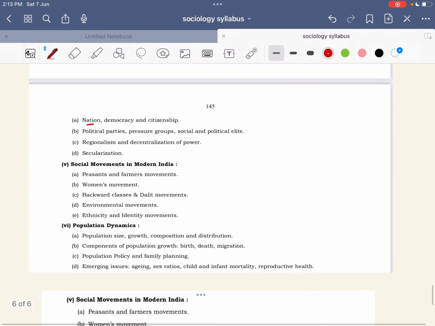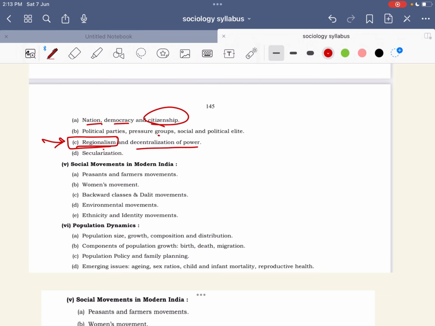Then there is nation, democracy, citizenship. Then political party, pressure group, social and political elite, regionalism. One thing is different here: regionalism. You all know what that is. Regionalism, decentralization of power, secularization.